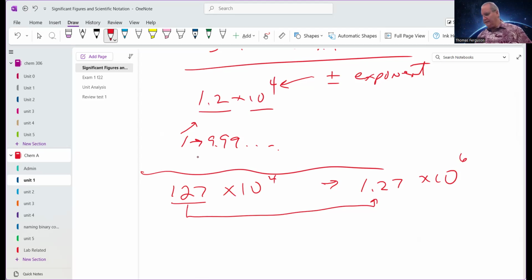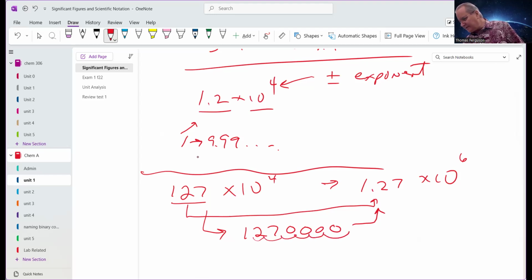The other way to do it is to do an intermediate step, to convert this to a non-scientific notation number, to be 127 followed by the zeros. Then from there, take it to the proper scientific notation number. So this would be 1.27, 1, 2, 3, 4, 5, 6.